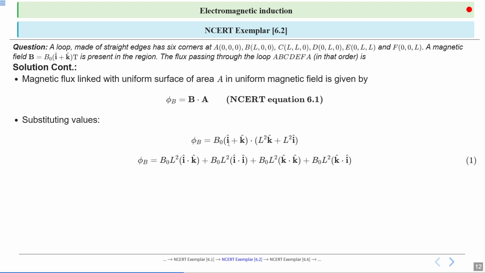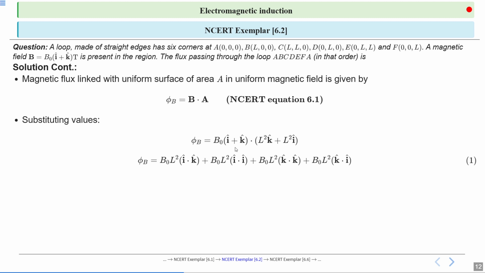Like that. You have to multiply this I cap with that K cap plus this I cap with this I cap plus taking dot product of this K cap. Now we are not multiplying, we are taking dot product. So taking dot product of K cap with this K cap plus, and again taking K cap dot I cap. Okay, so phi B, that B naught L square will be with all the terms. They are coefficients, they will remain with all the terms.